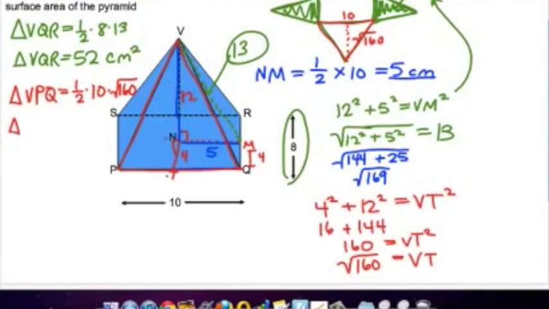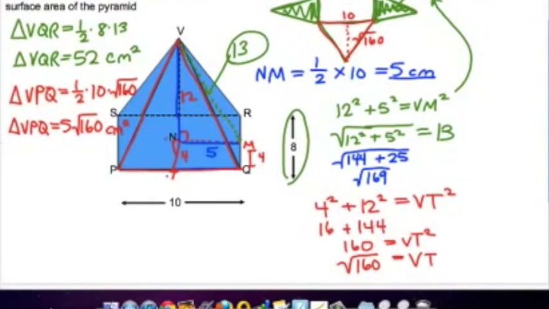So the area of VPQ is going to be 5 times the square root of 160 square centimeters. Now again, when I'm dealing with square roots, really, really important, save it for the end. If it does not equal a whole number, leave it as an irrational number, as the square root of 160.